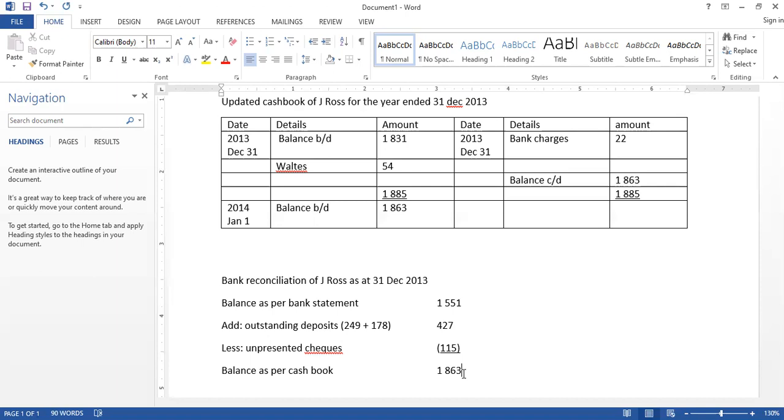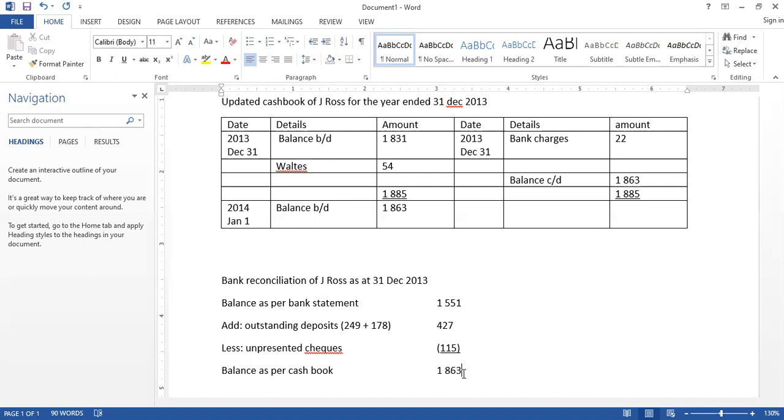Where will we record this transaction? It's not shown in the bank statement, so it will go to the bank reconciliation statement, because this amount is not appearing on the bank statement.